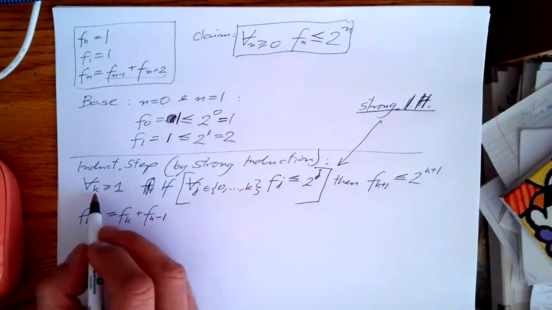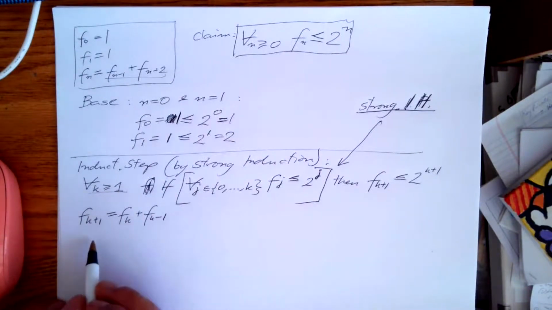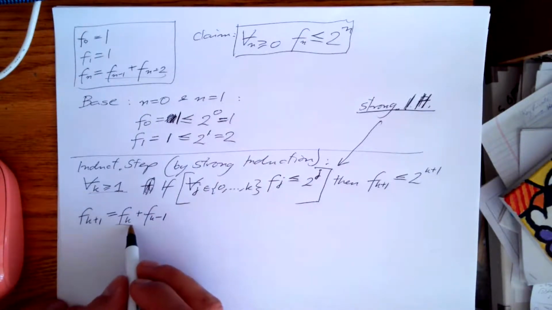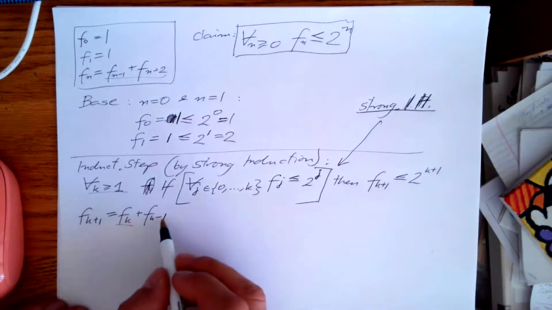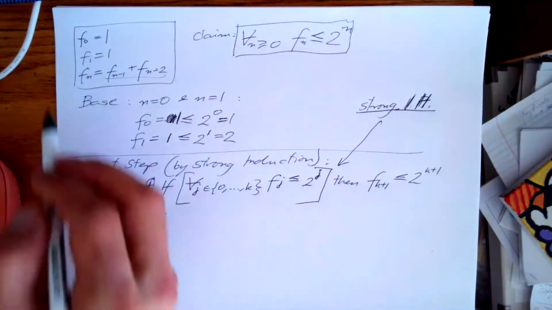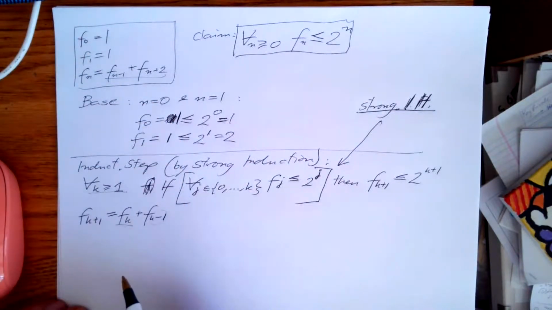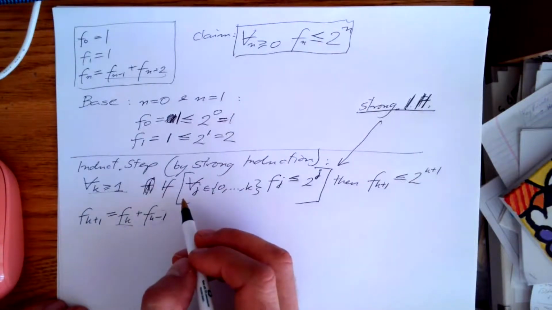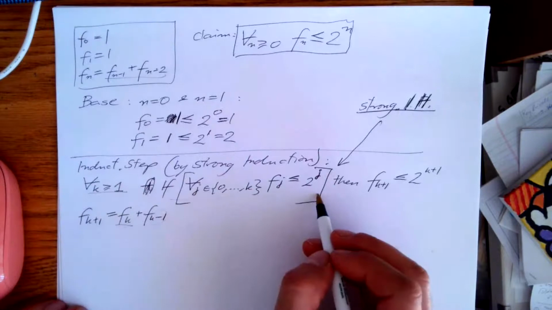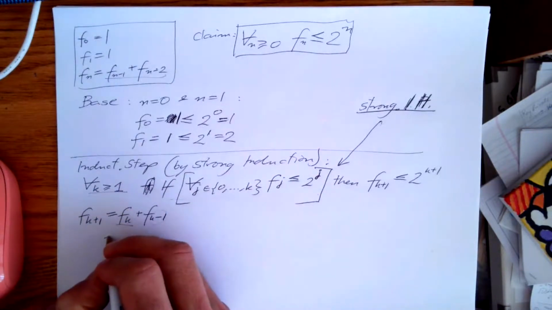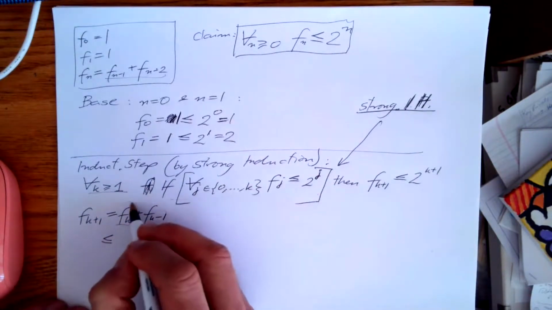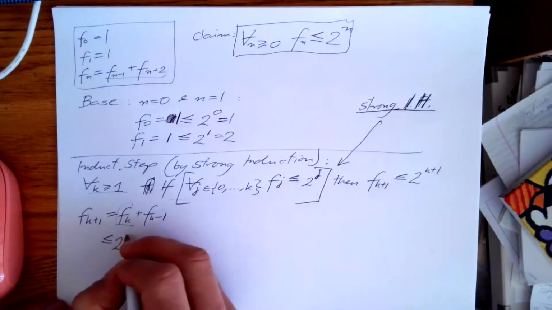Okay, let's first test that these things are well defined. K is at least 1, so this is at least k, and this is at least 0. We are good. In both cases, these are well defined. Now can we use the inductive hypothesis to upper bound this guy by 2 to the k?